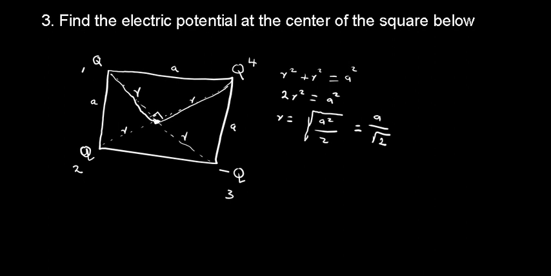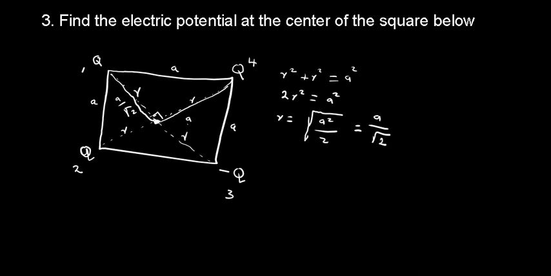So that is to say that this distance here is a divided by root 2. Also here it is going to be a divided by root 2.